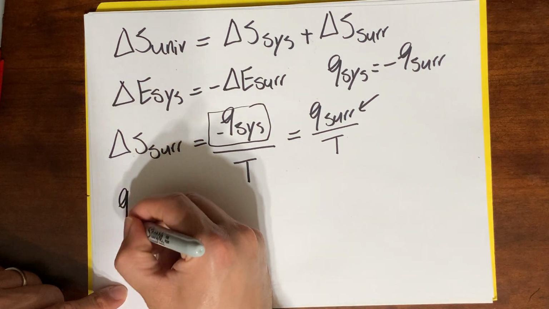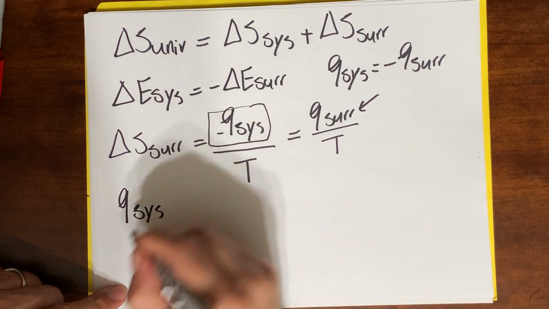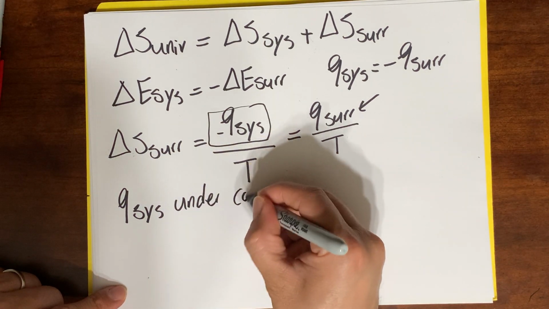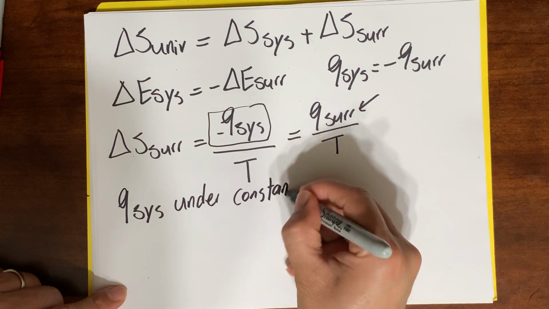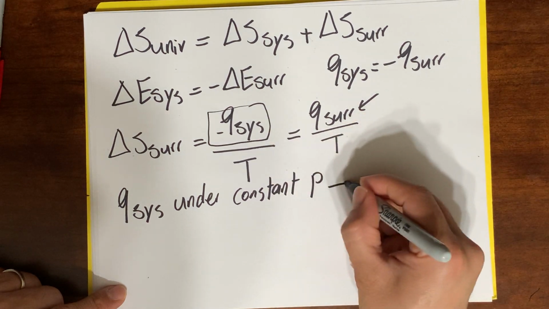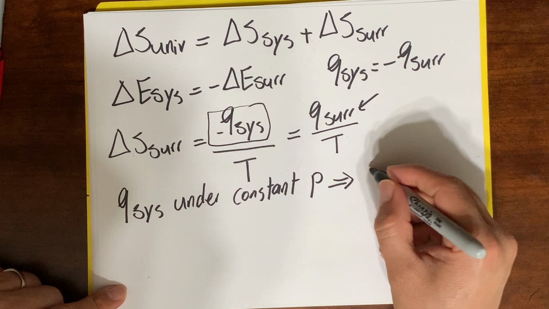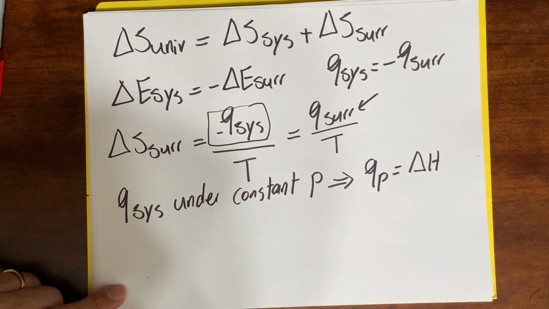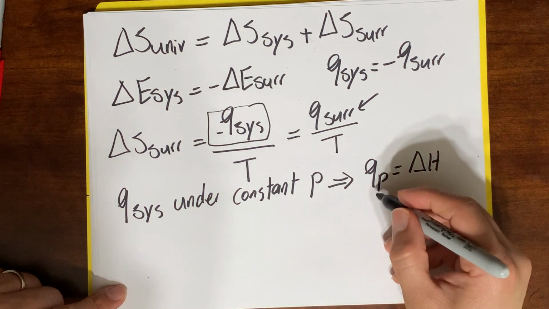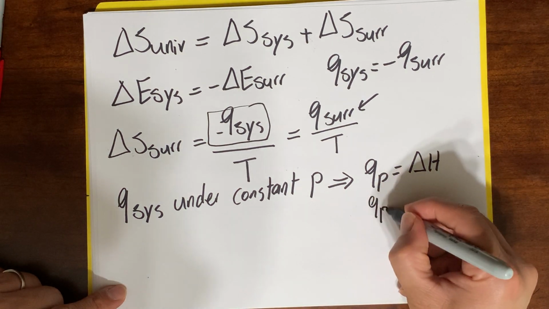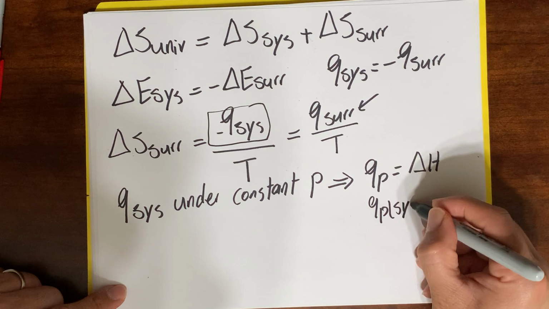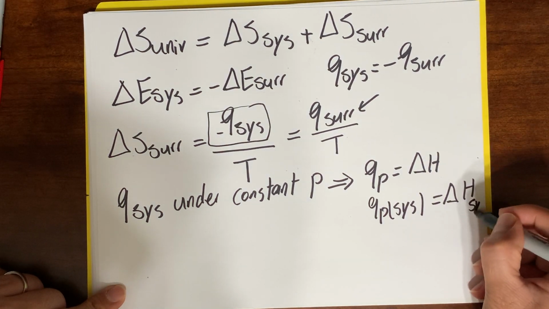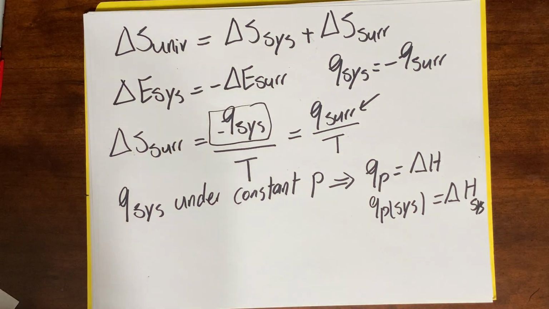And next thing, Q of the system under constant pressure is going to be equal to delta H. Okay, so Q under constant pressure for the system will be equal to delta H of the system.